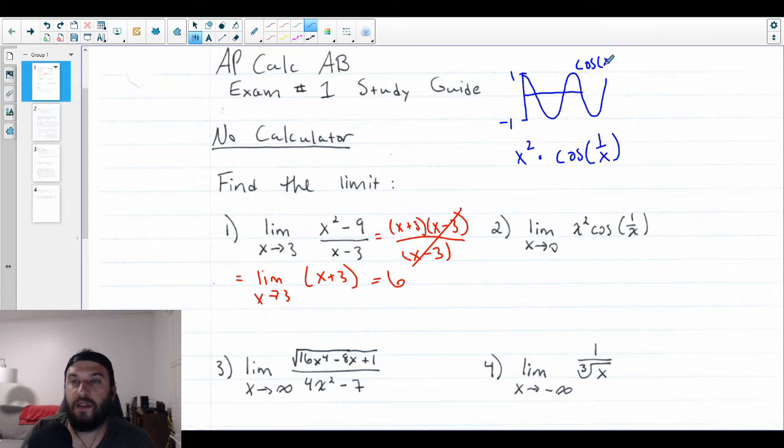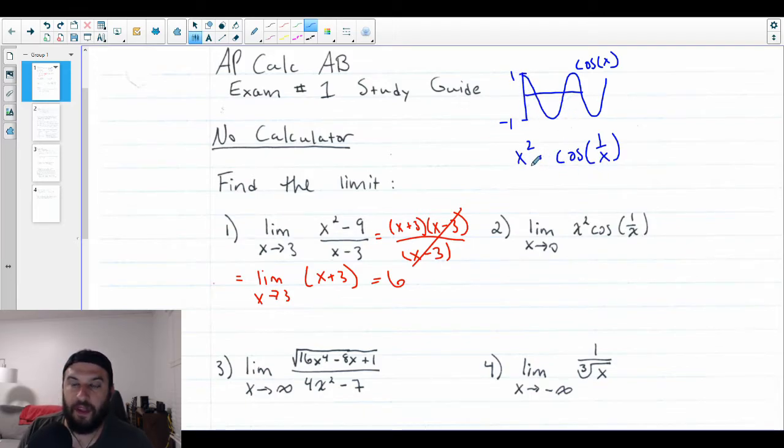Cosine of x, the range for cosine is between 1 and negative 1. I'm plugging in 1 over x. That's not going to change the output for cosine. It's just going to change the domain for cosine. I can't plug 0 into it.